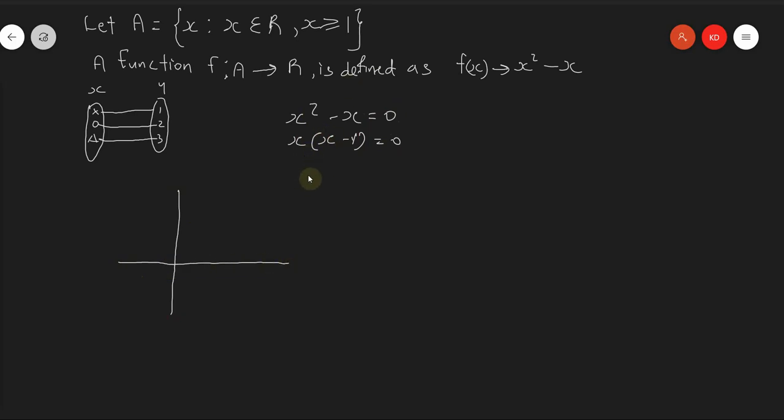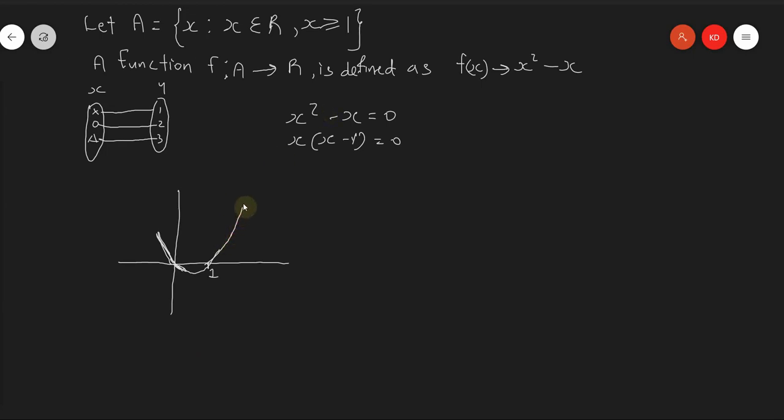The roots are x equals 0 and x equals 1, so the graph should cut through like this. Say 1 is there, so the graph would look something like this, right?